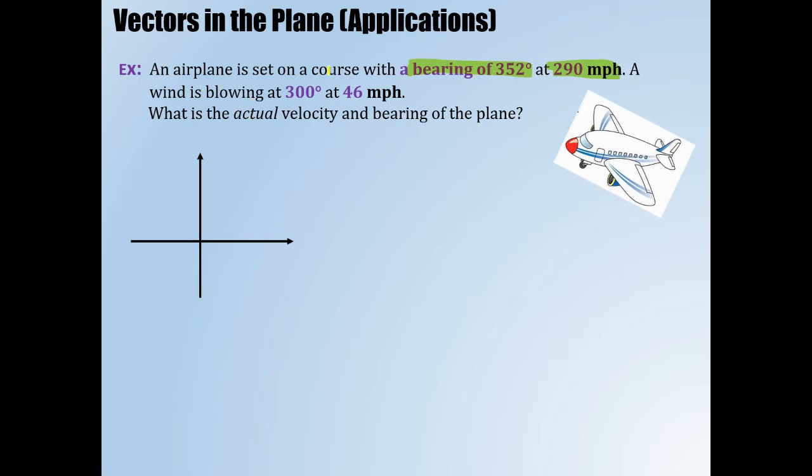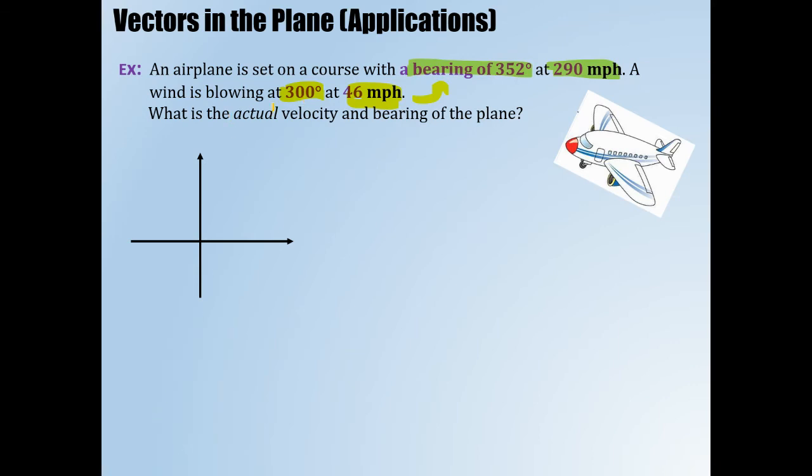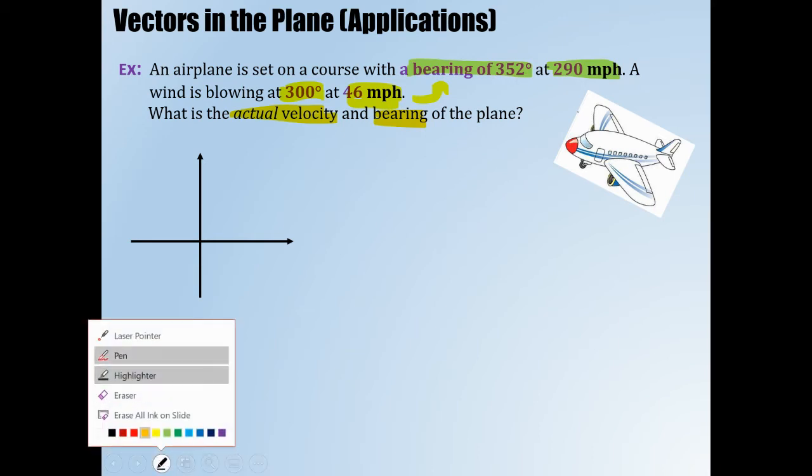However, a wind is blowing 300 degrees at 46 miles per hour. So this is acting on this, right? Therefore, what is going to be the actual velocity and the actual bearing of the plane when it's impacted by this wind? What happens?